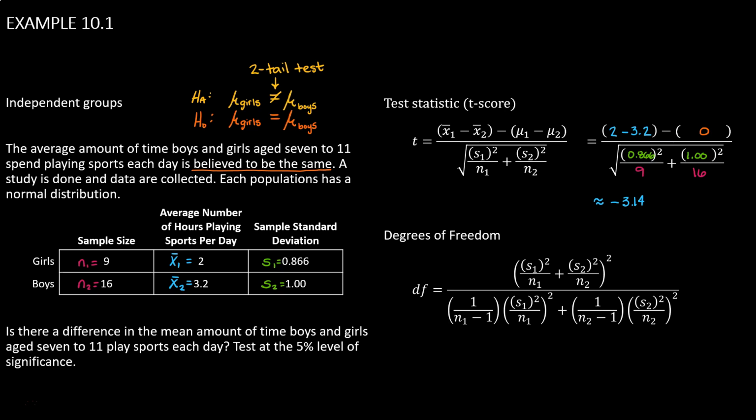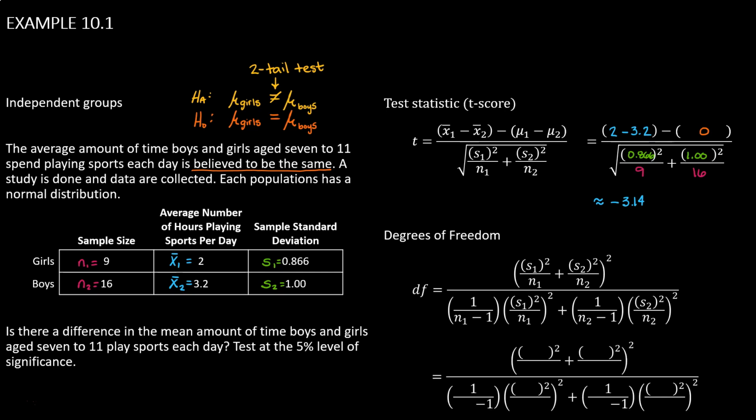Now, because we're using a t-score with the student t-distribution, we also need to calculate the degrees of freedom. This degrees of freedom formula was developed by Aspin Welch. It's a formula that helps us approximate the most appropriate degrees of freedom based on our sample data.